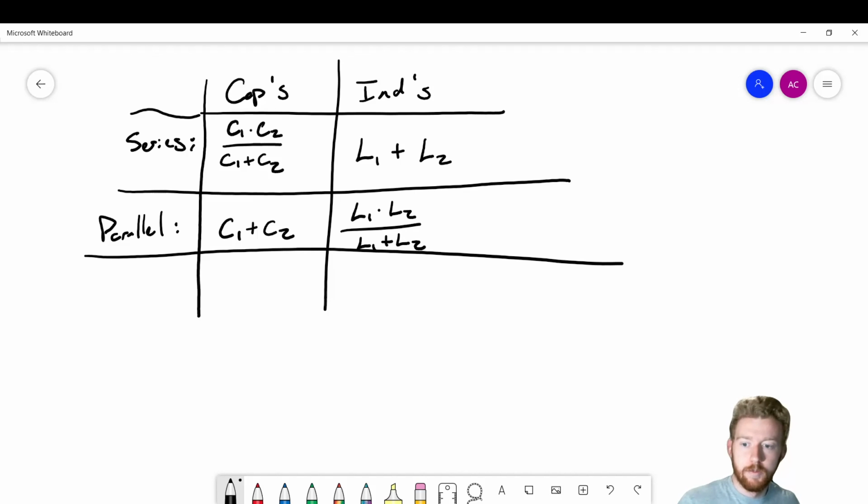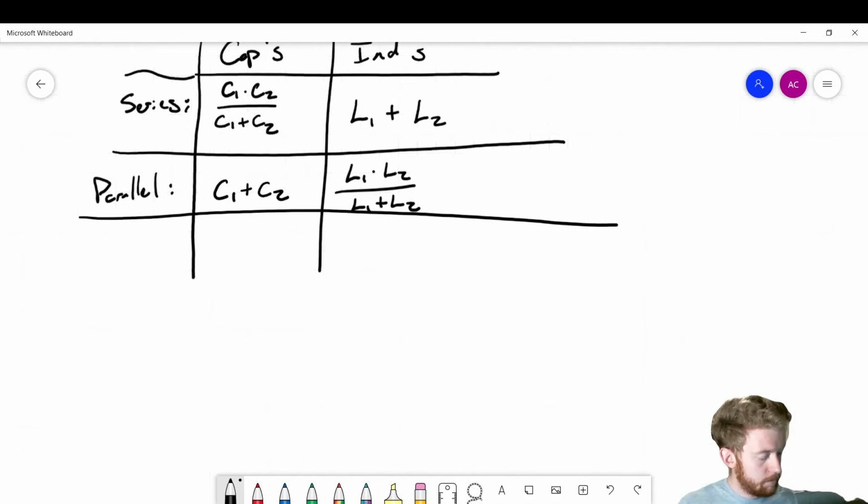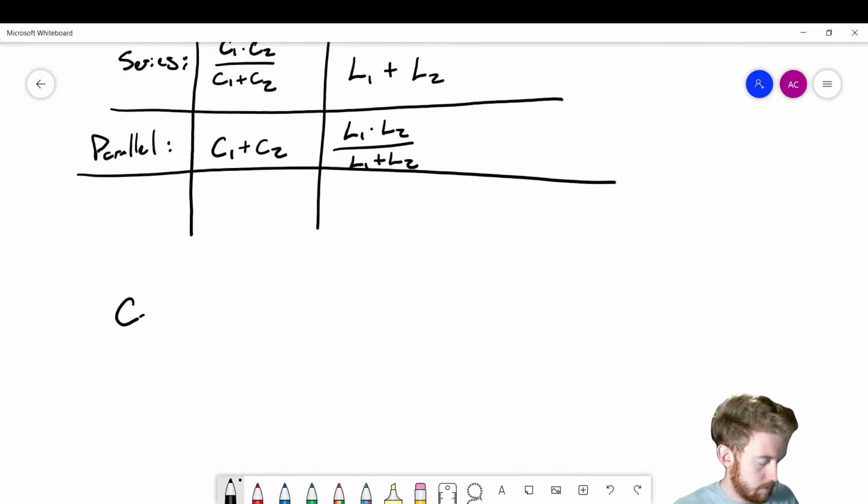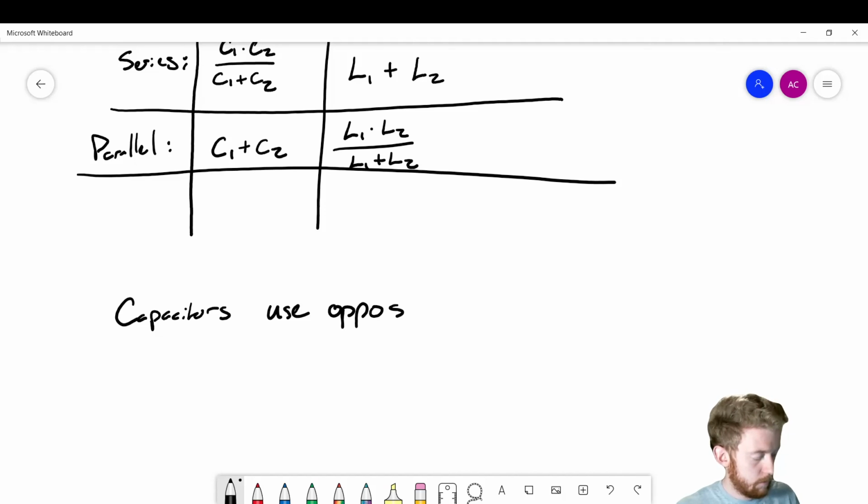Okay? So the big takeaway from this is that capacitors use opposite formulas. So if all you remember are the formulas for resistors, then you need to remember that capacitors are going to use the opposite formulas. If you have capacitors in parallel, you're going to use the resistors in series formula.